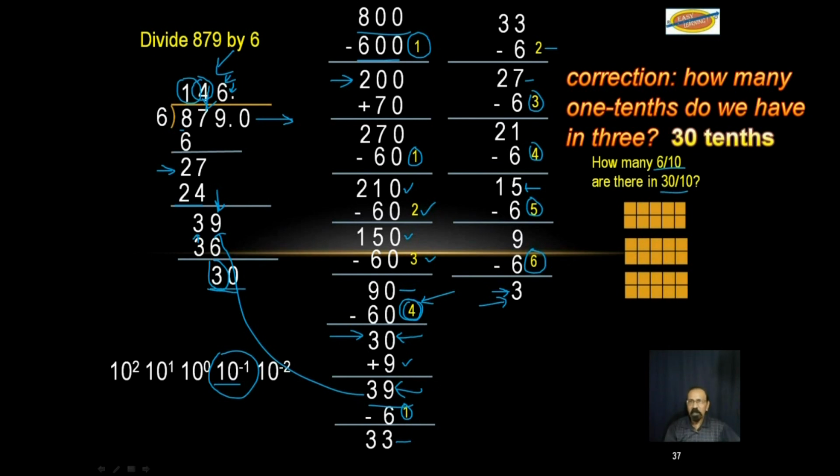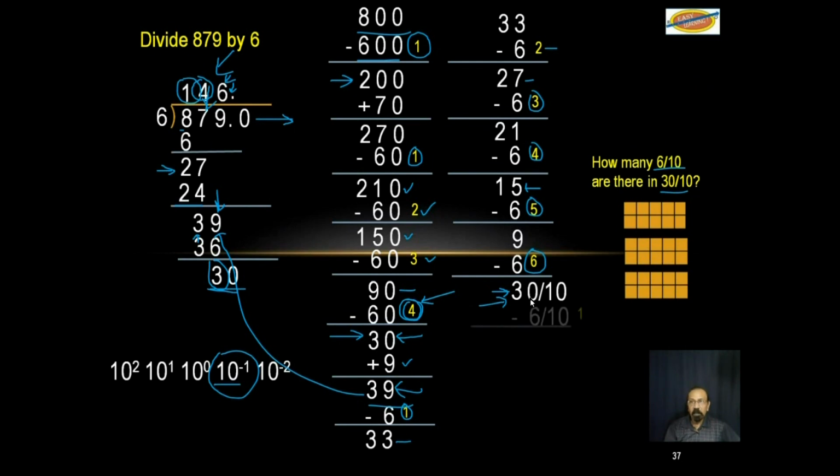This is the 30. These are these little boxes that you see here, 30/10ths. So if we subtract from 30/10, we subtract 1 6/10, that is to say, we are left with 24/10, so that one of these 6/10ths has been subtracted.